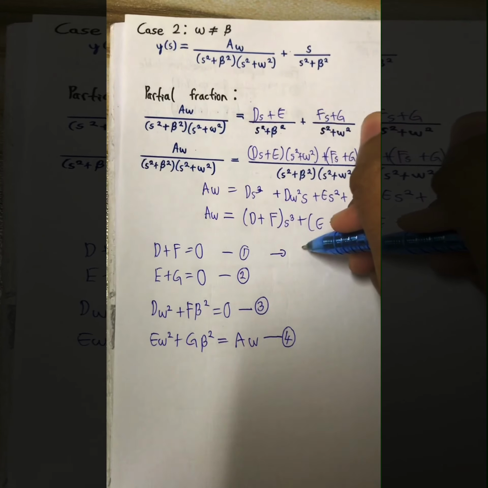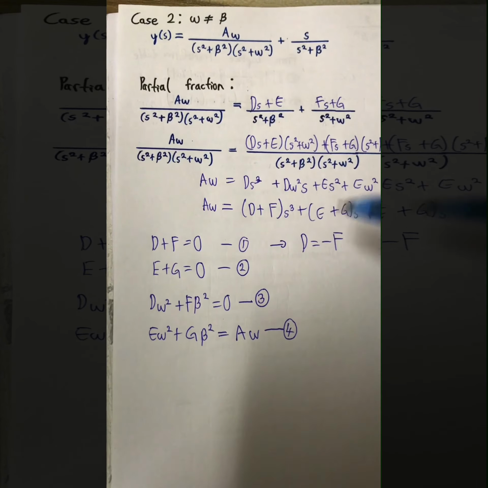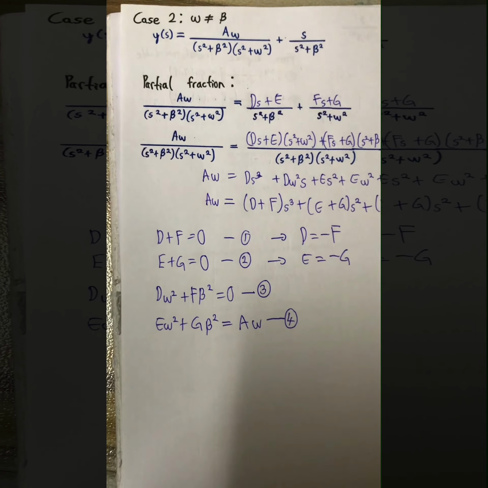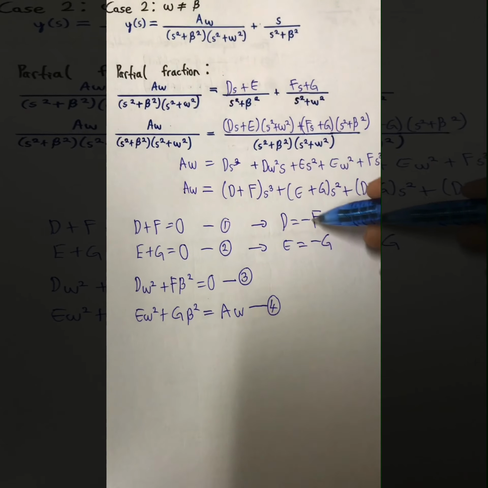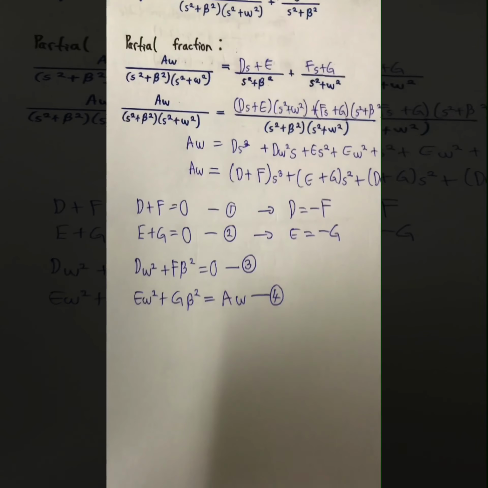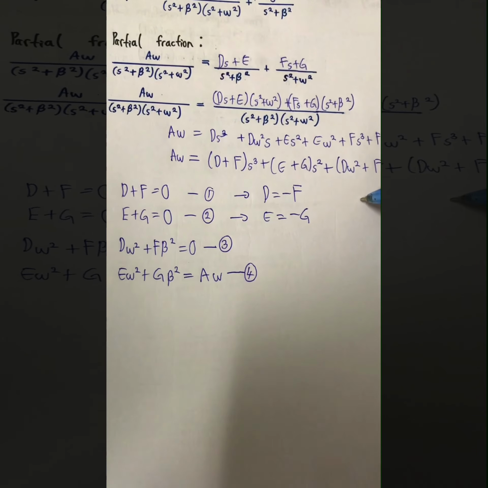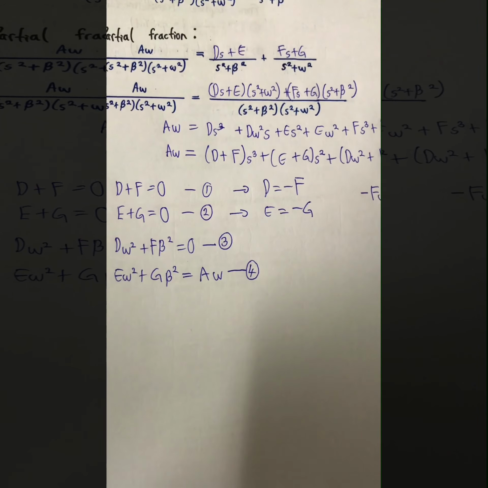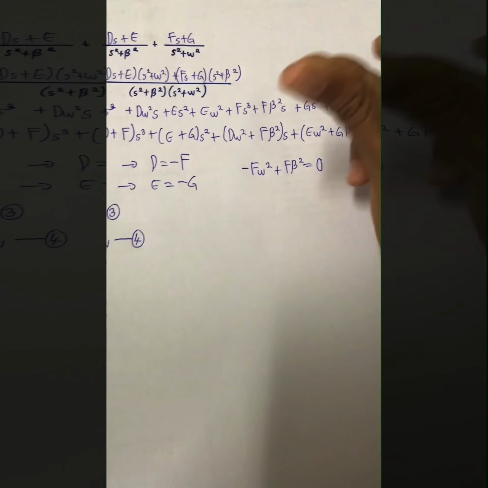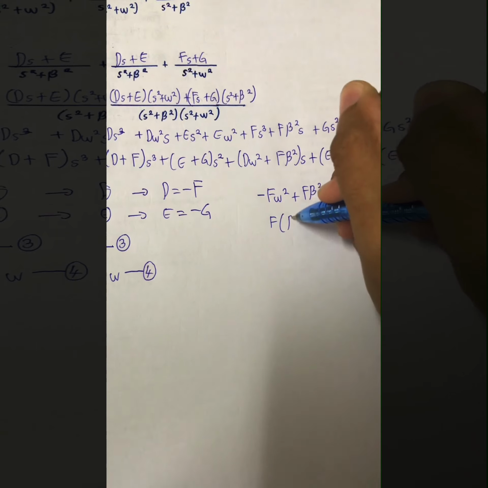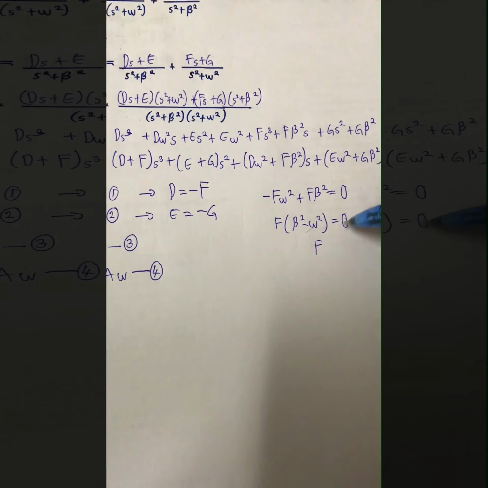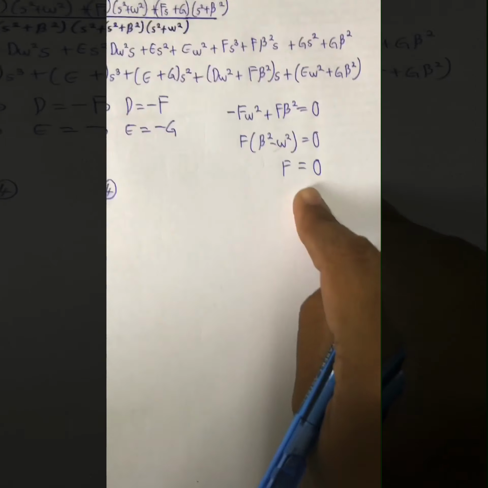So from 1 we get d equal to minus f, and from 2 we get e equal to minus g, and then we substitute d equal to minus f into equation 3. So we get minus f omega square plus f beta square equal to 0, and we factor out f, to become f times (beta square minus omega square) equal to 0, and then we move this to this side, so we get our f is 0.